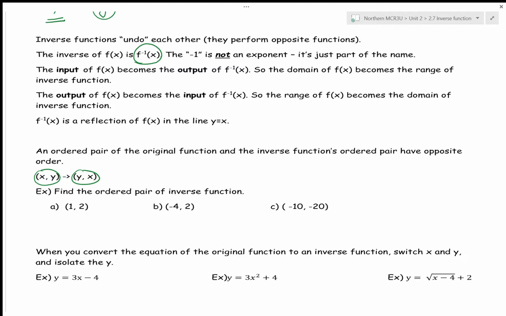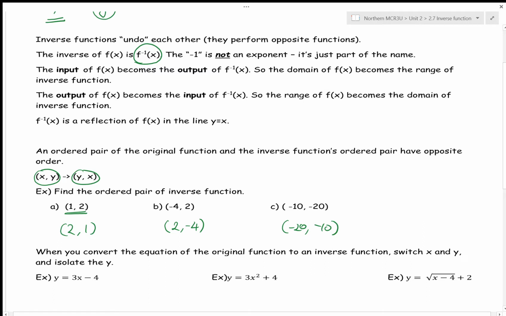So if in the original function I had 1 comma 2, then the inverse function has 2 comma 1. It's basically just switching the values, right? Same thing for negative 4 comma 2: it becomes 2 comma negative 4 in the inverse function, and then same thing for the last.